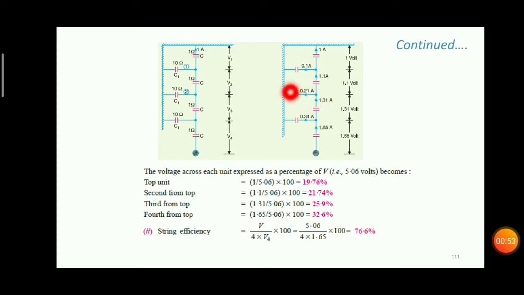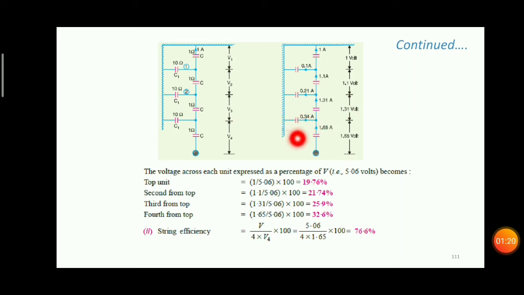The current through the shunt element of the second disc is the voltage across the shunt element, that is V1 plus V2, 1 plus 1.1, divided by 10. 2.1 divided by 10 is 0.21 ampere. Then the current I3 is 1.1 plus 0.21, which is 1.31 ampere, and the voltage is 1.31 volt.